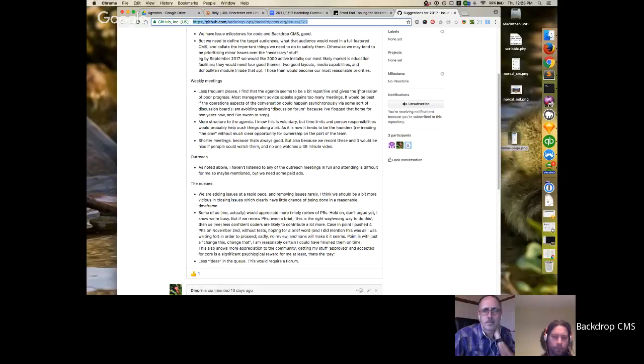And so we could benefit the entire Backdrop community by porting those modules over. So we're trying to weigh the cost versus benefit, like how long is it going to take to do that? We can't just say, oh, throw up the forum module and be done, because that might not be the best decision. We just need to think about it.